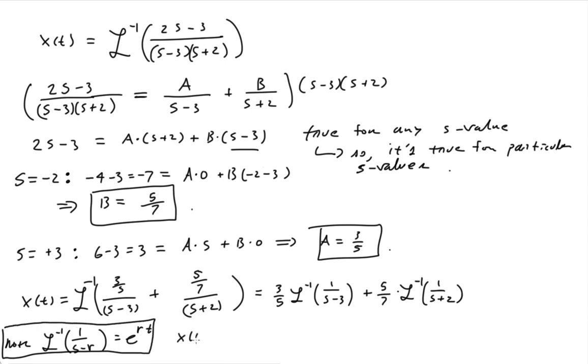And so x of t, and we can see it pretty clearly, is 3/5 e to the, what's the value there? That's going to be a 3, so 3t plus 5/7 e to the negative 2t.